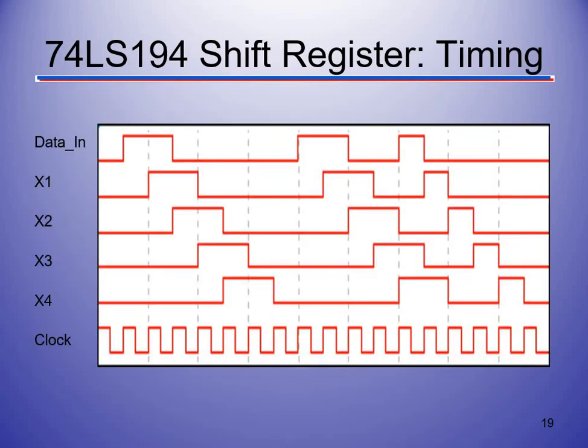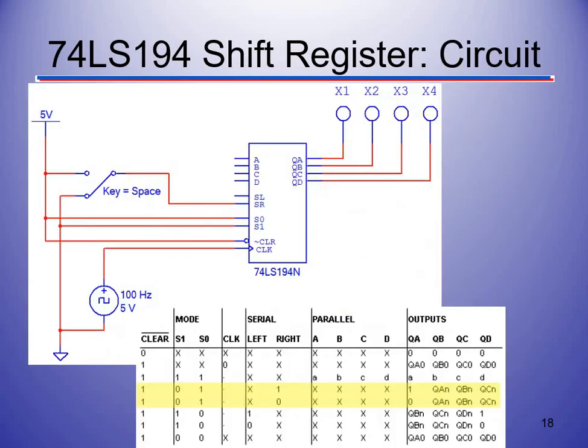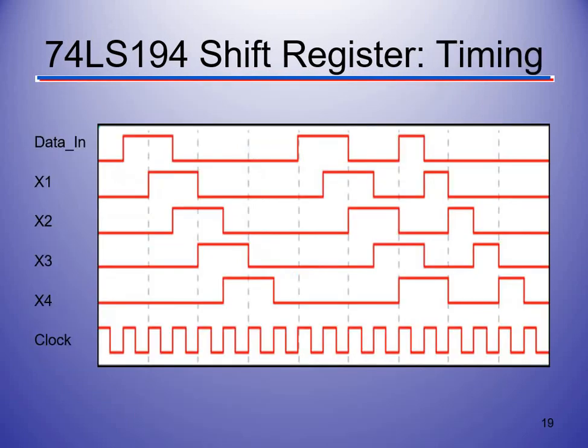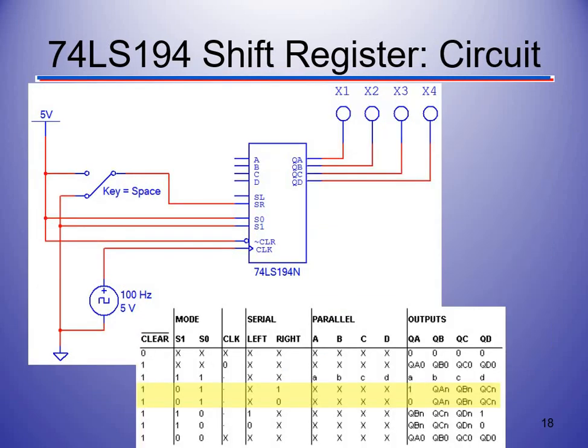And then we're going to see what happens with X1, X2, X3. Well, on the rising edge of the clock, because that's how this one's going to be. Even though there's a bubble there and it's inverted, we're still doing rising edge because it's how the chip is. And you see where X1, X2, X3, X4 all toggle through.